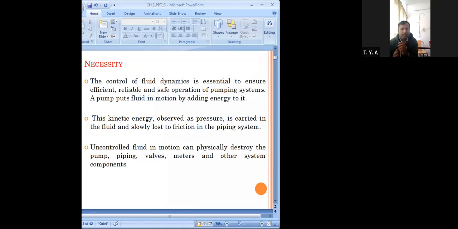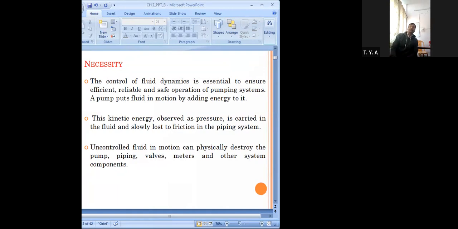The pump puts the fluid in motion by adding some energy to it, and this kinetic energy is carried as pressure in the fluid, and then slowly it will be lost to the friction in the piping system.